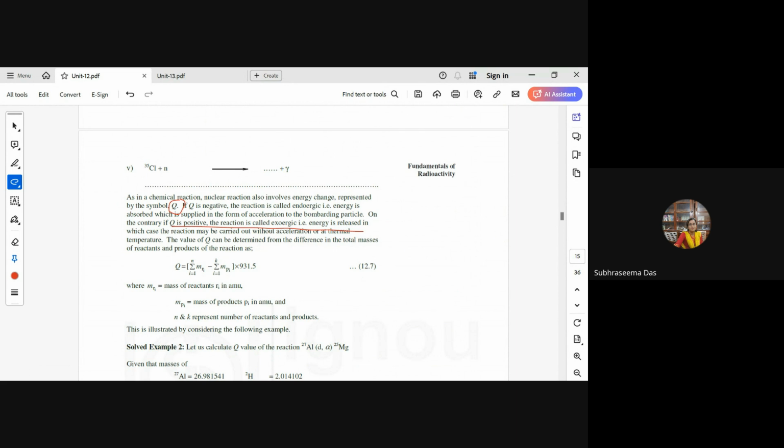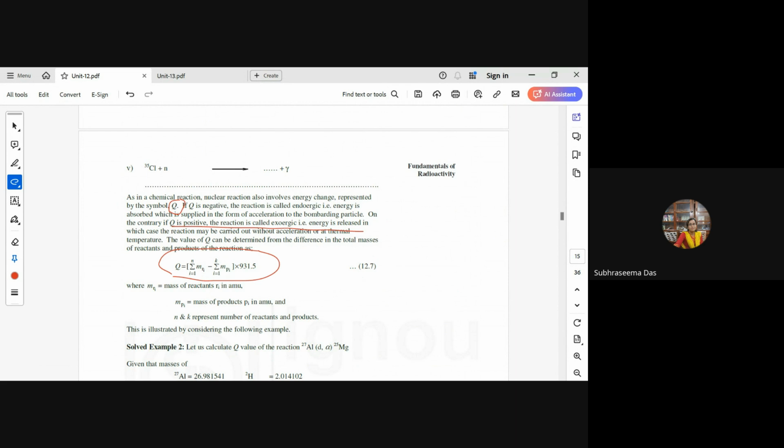The Q value can be determined from the difference in total masses of the reactants and products, which is given in this equation. The particular value of 931.5 comes from the conversion to million electron volts that we have studied earlier.